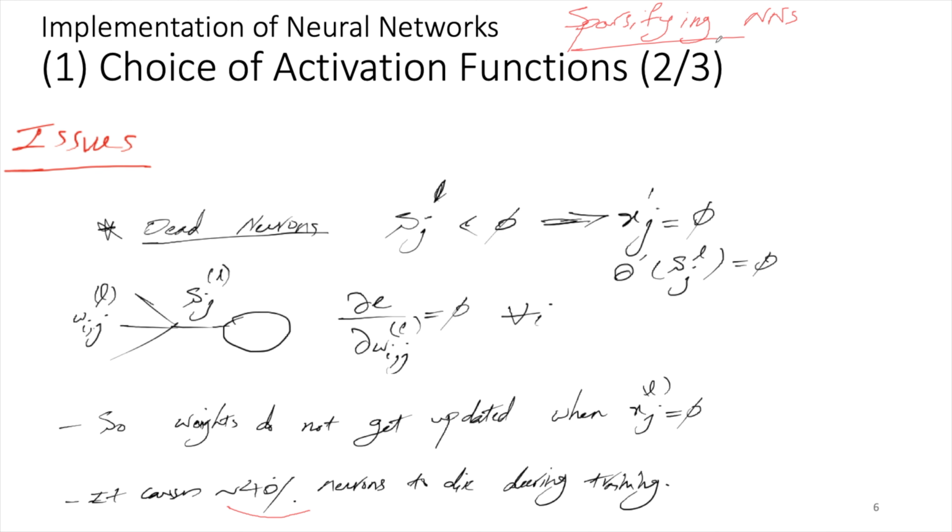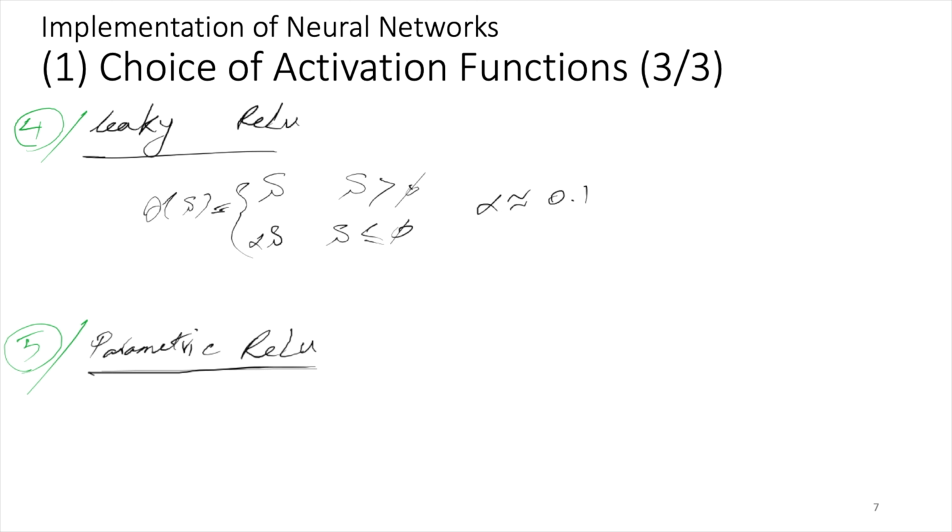Let's go for the other two variations of ReLU. We call the first one leaky ReLU, and the fifth one the parametric ReLU. Both of them involve having an alpha here.